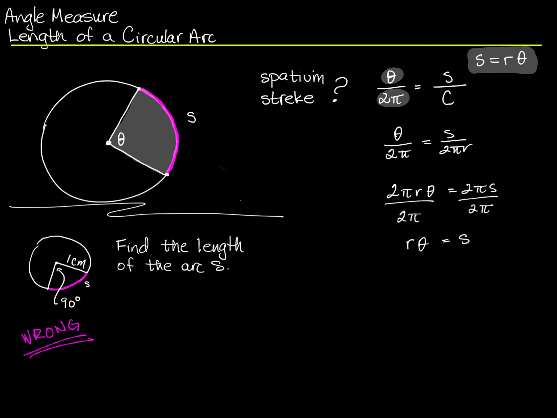If I set up my formula, S equals R theta, then S is going to be equal to my radius, which is 1, times my theta, my angle, which is 90 degrees. It's not 90 degrees, it's pi over 2 radians, but we'll come back to that. So apparently, S is equal to 90.